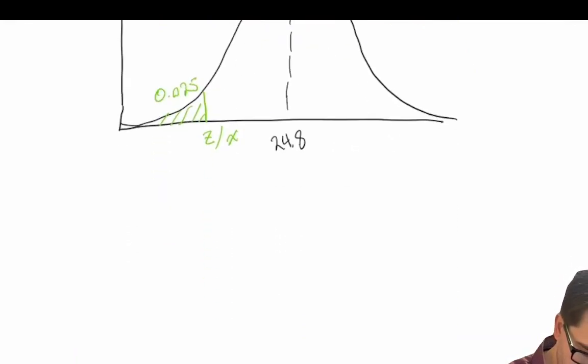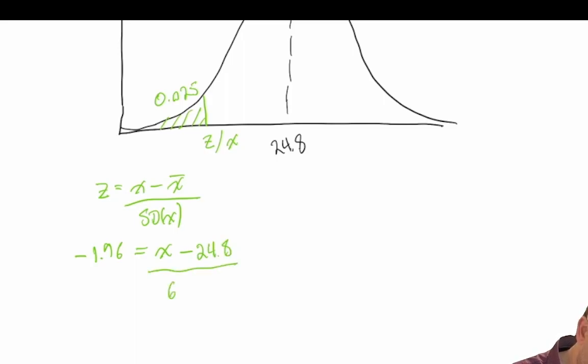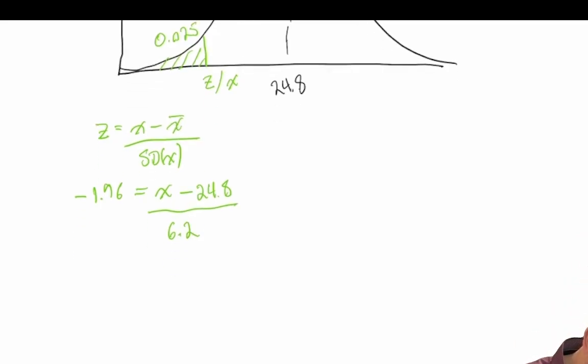So we can do this. So z is equal to the observed value minus the expected value divided by the standard deviation of x. So we know that z is equal to negative 1.96. We don't know our value for x, but we still know that it's centered around 24.8. We know that we have a standard deviation of 6.2. So 6.2 times negative 1.96 is equal to x minus 24.8.